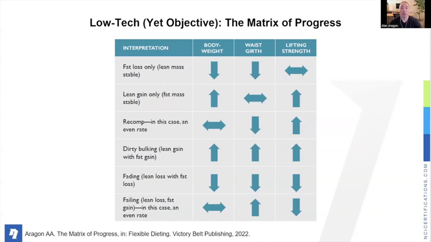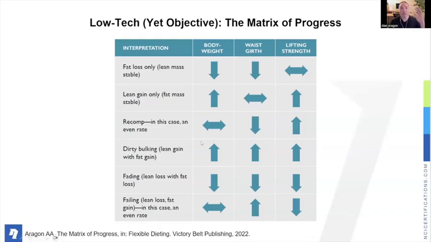And so with this particular method, all you need is a weighing scale and measuring tape and an inkling of how you're doing with respect to training performance, specifically lifting capacity.